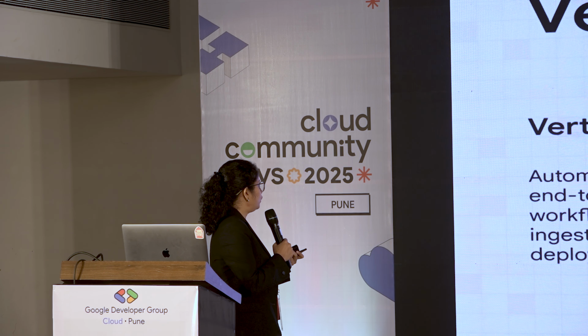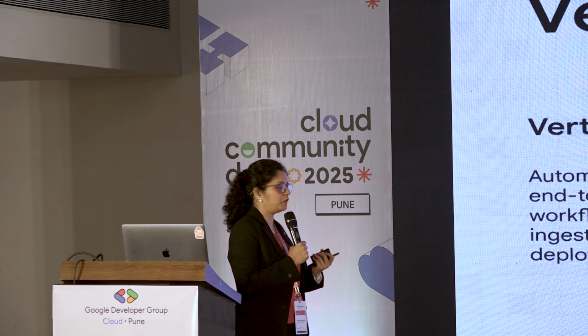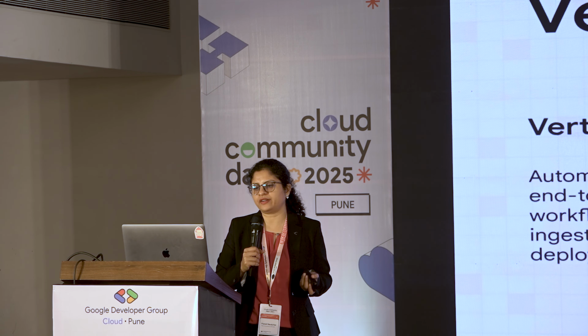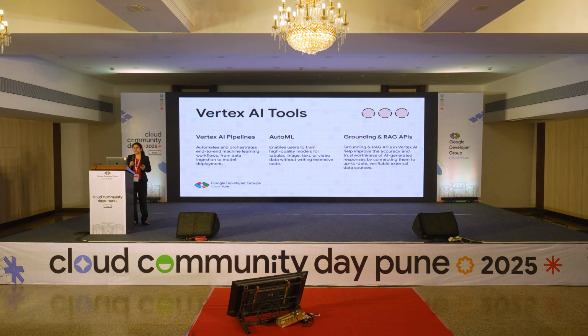Then there are a few more AI tools. Vertex AI Pipelines automates and orchestrates end-to-end machine learning workflows from data ingestion to models. Then AutoML enables every user to train high-quality models for tabular, image, text or video data. And then the grounding and RAG API.